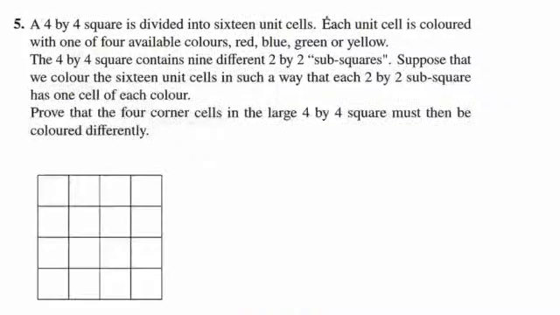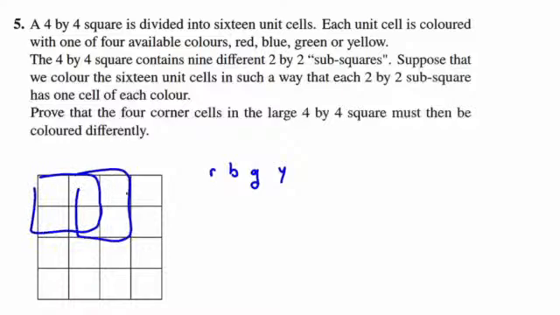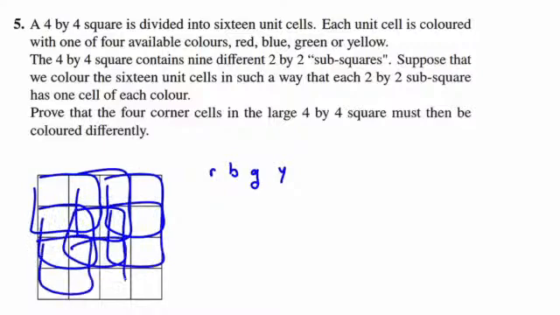So let's draw. As you see, each unit is colored with one of the colors, R or B or G or Y. And it says the 4 by 4 square contains 9. Why 9? Because look, 1 here, 1 here, 1 here, 3. Again, 3 on this row, and 3 on the last part. So 3 times 3, 9.